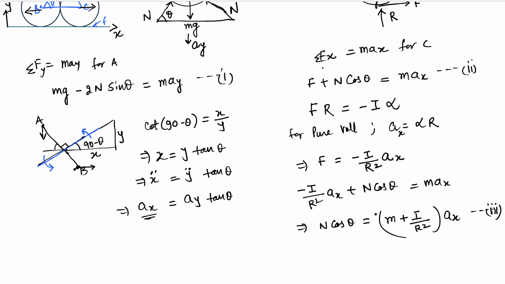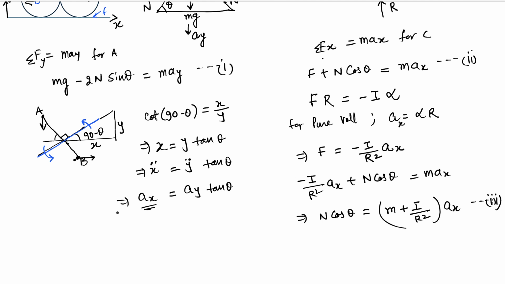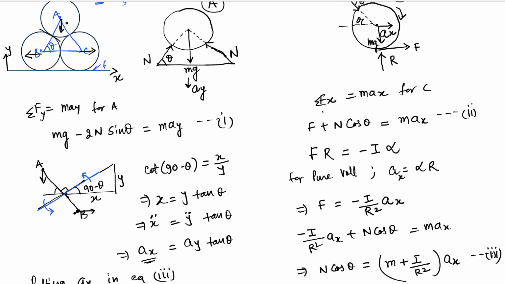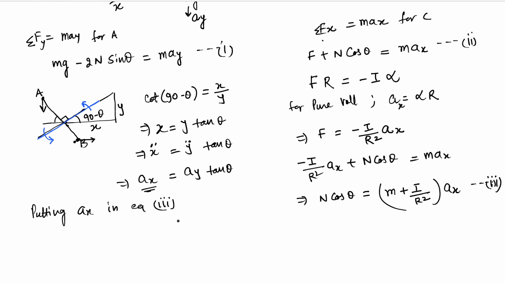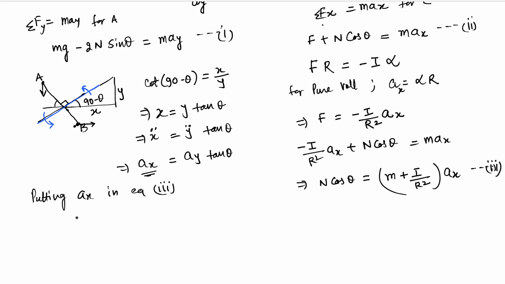Okay, and if we use this expression of ax and put it in equation 3, so putting ax in equation 3, I want to get rid of ax because we need to calculate ay, the acceleration for the top cylinder. So which means that n cos theta equal to m plus I by R square ay tan theta.